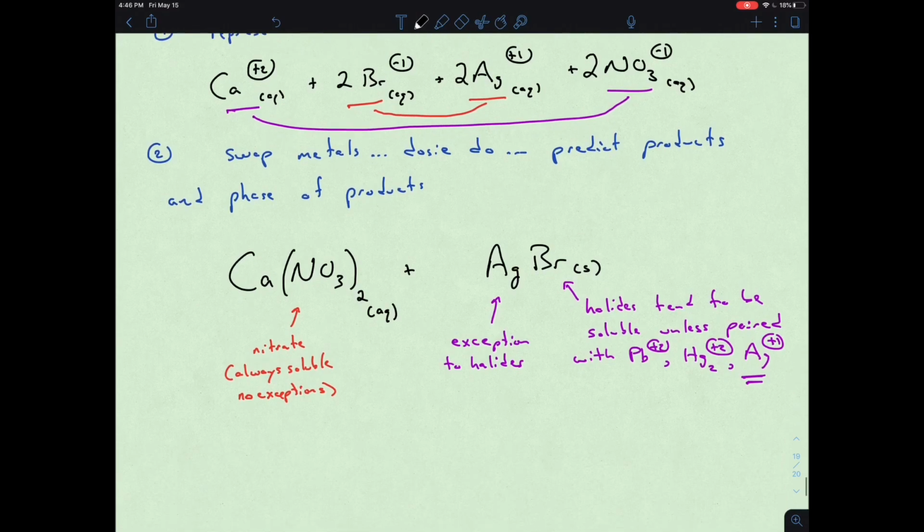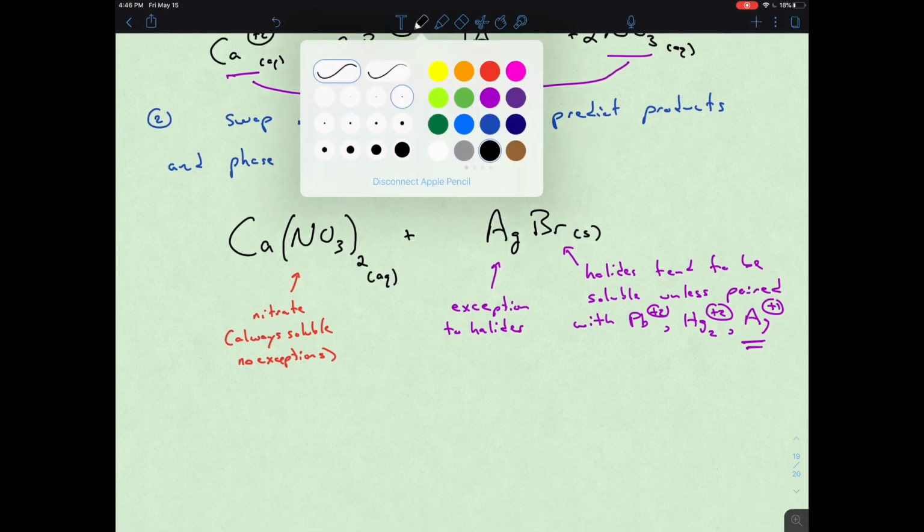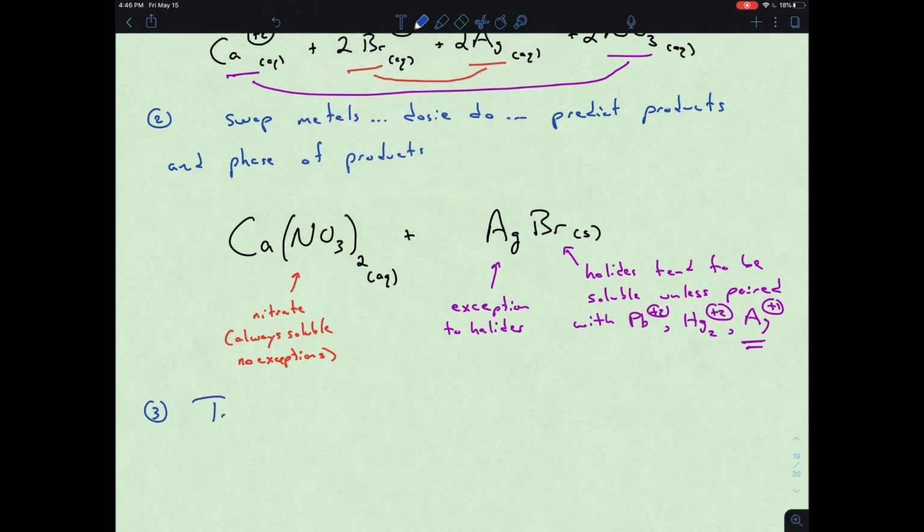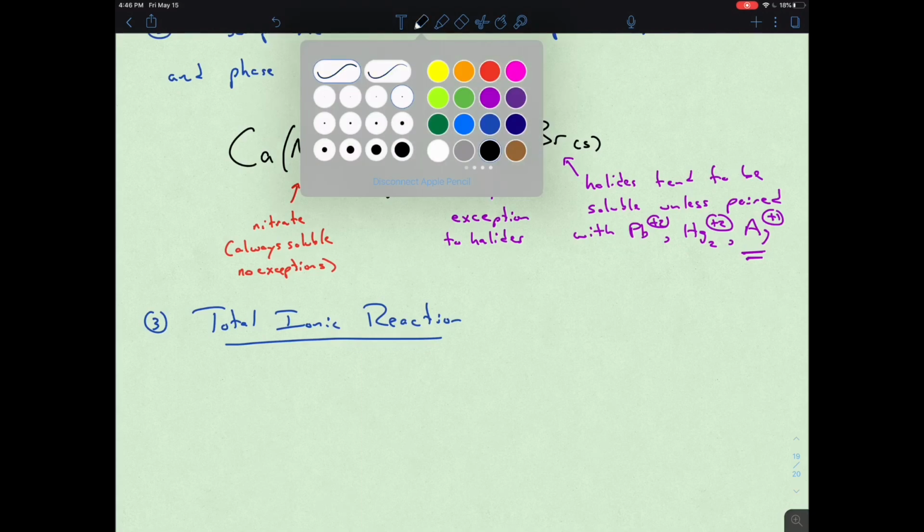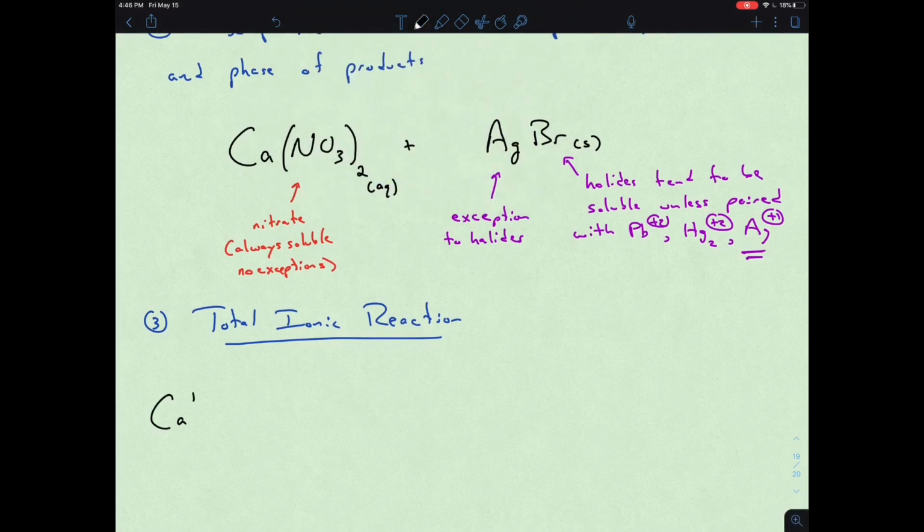There's our precipitation reaction. So our total ionic reaction would then be, let's see, we had the calcium and the bromides reacting with now the silver nitrate. We're changing the stoichiometry from what we were seeing in the prediction step.